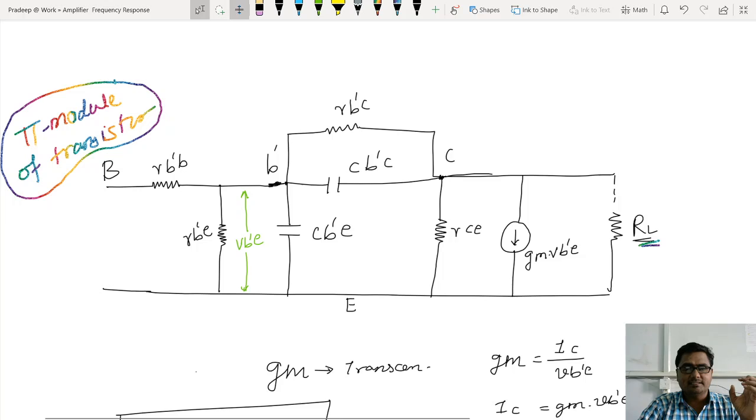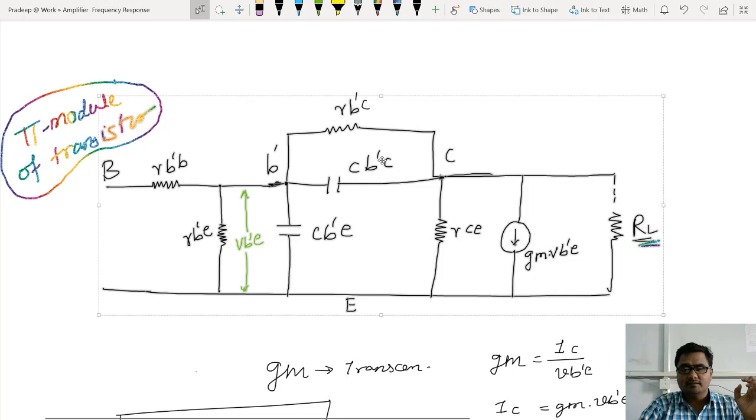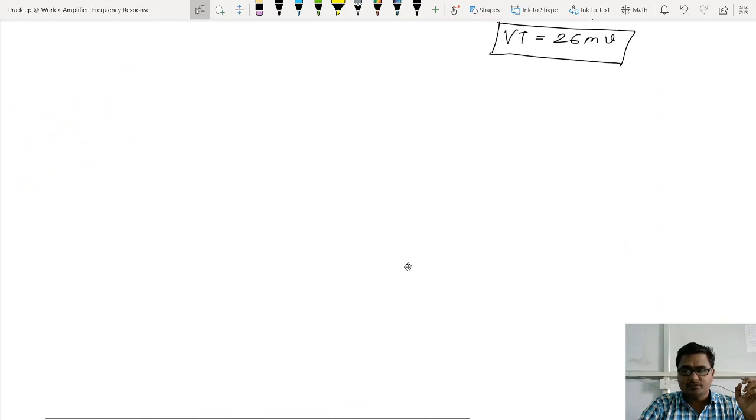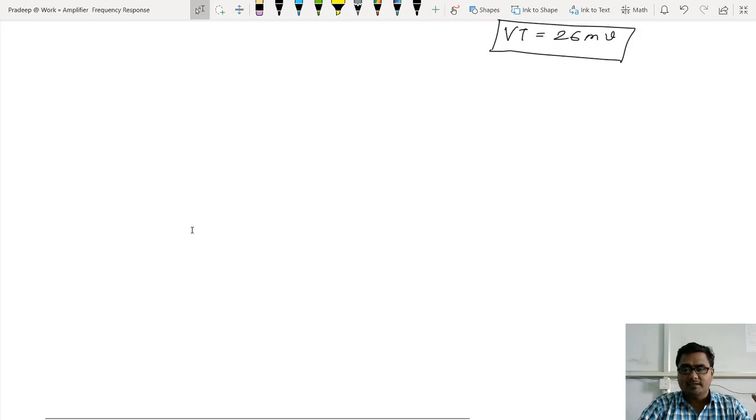If this is the transistor at higher frequencies, then let me copy it, and we will use the same scenario. We will use the same pi model, and we will calculate its voltage gain.